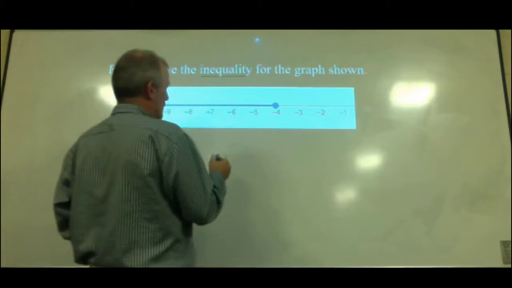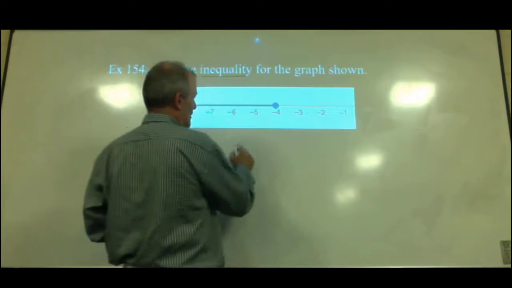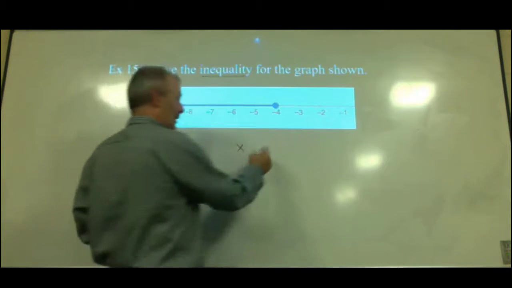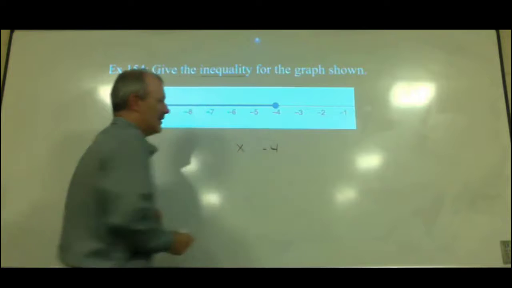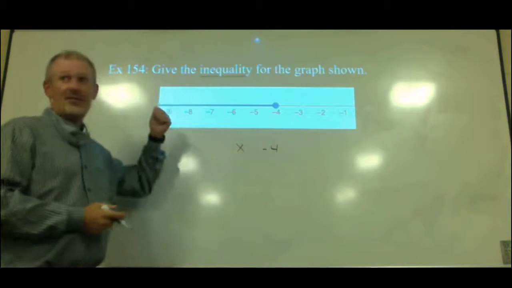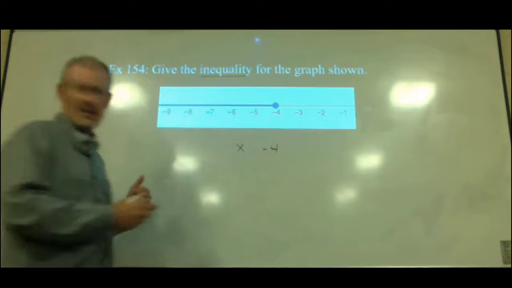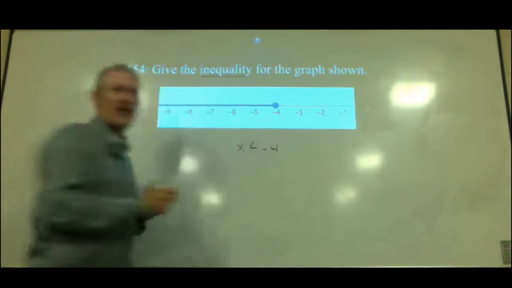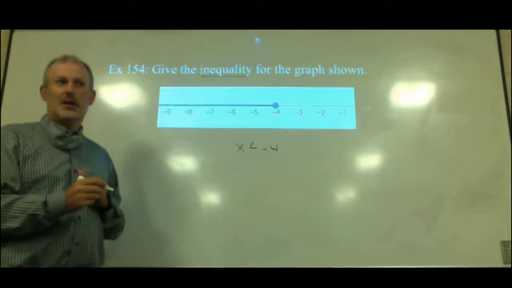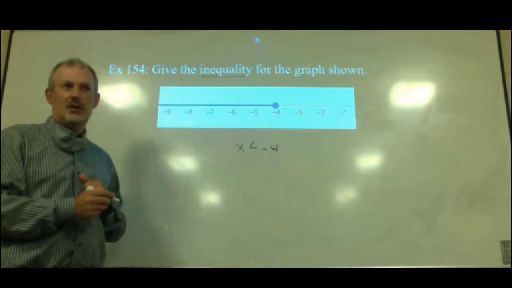Okay, so looking at this one, again, let's talk about x. What's the boundary point? -4. And then, since we're going to the left, what sort of symbol should we use? Less than. And do we need the or equal to? Yes. How do we know? Because it's a closed circle, so or equal to.